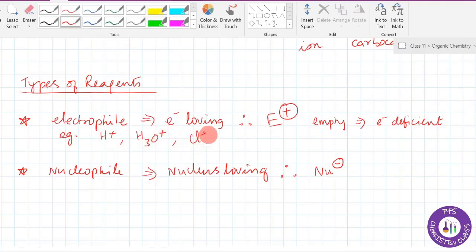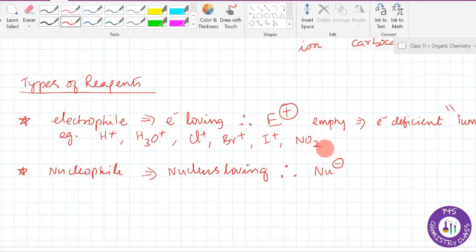Any species can carry a positive charge: chloronium ion, bromonium ion, iodonium ion. All positive charges will be suffixed with -onium, like carbonium, or carbocation.